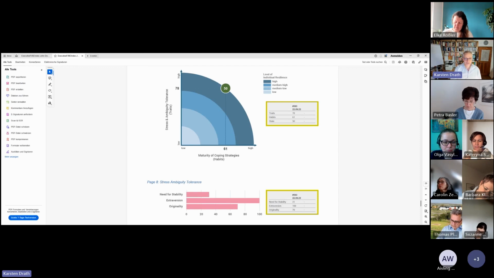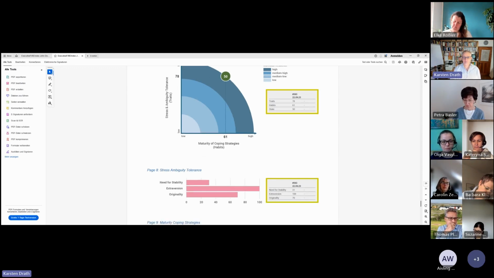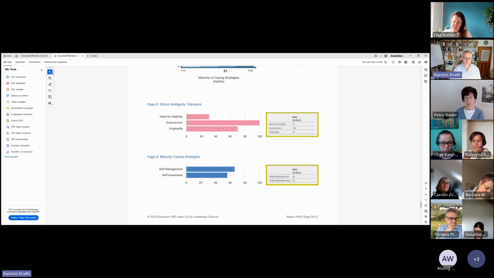What we also see is the level of coping strategies is not exactly role model quality, right? So this person is probably applying some level of toughness in order to get through everything. And we can see it when we get here, that is actually true. So again here, self-management is significantly higher than self-awareness.